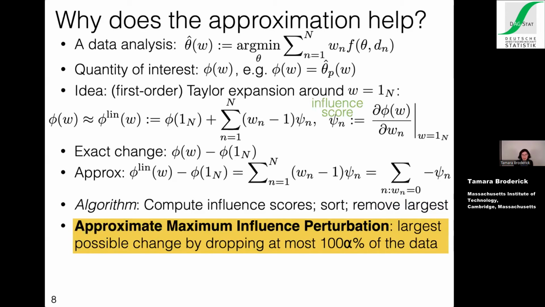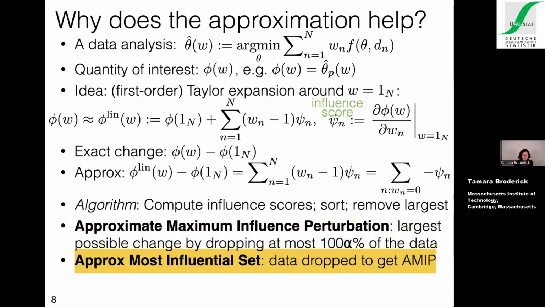In particular, what is the approximate change that we got? As we do that, we can say what are the data indices of the data points that we dropped, and those are our approximate most influential set. What are the data that we dropped to get the approximate maximum influence perturbation?